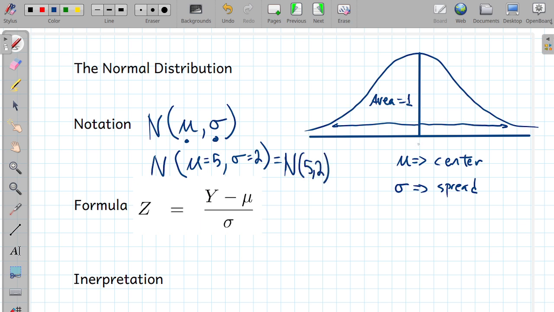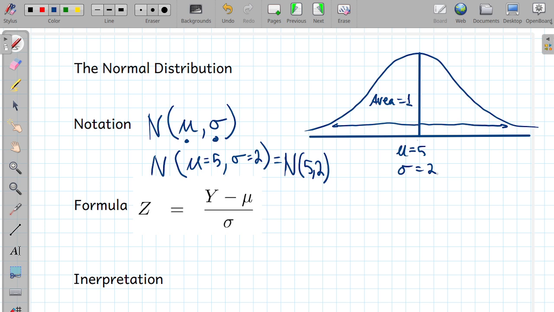So that means the center would be 5, and the spread would be 2. Typically how that's notated, we would write mu is equal to 5 and sigma is equal to 2, and that describes this bell curve. So watch out for that.